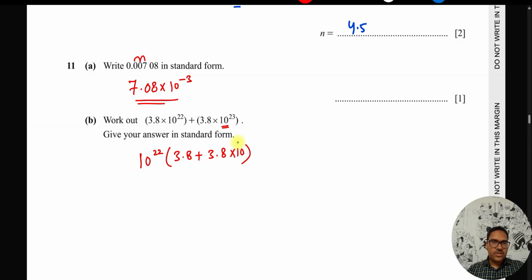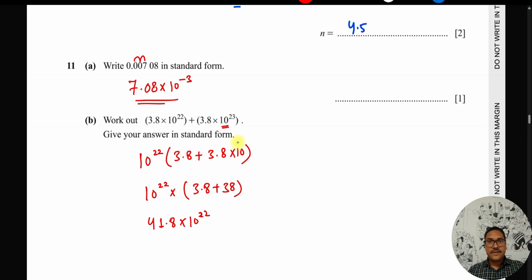Correct? So this will become 10 to the power 22 into multiplying this. So this is 3.8 plus 38, and you can see this is 38. So I get 41.8 into 10 to the power 22. Correct?